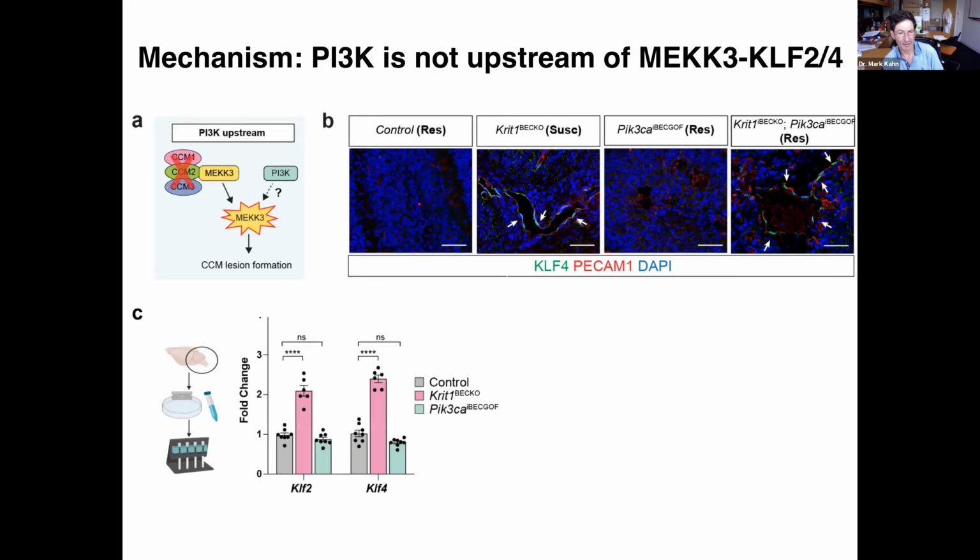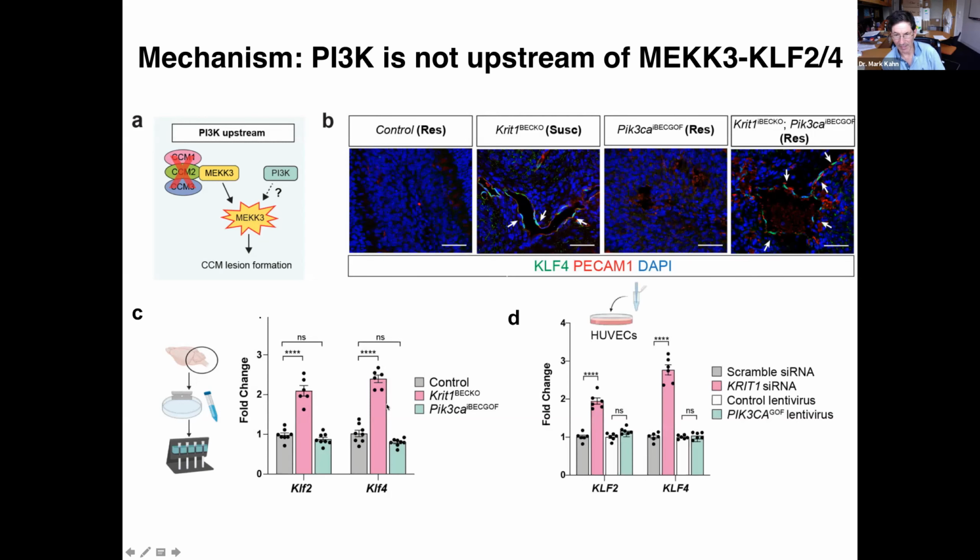And we did a similar experiment using isolated endothelial cells harvested from the hindbrain of neonatal animals that had either of these different mutations. And again, you can see an increase in KLF2 and KLF4 with loss of CCM1, but no change in KLF2 and KLF4 with a gain of PI3 kinase.